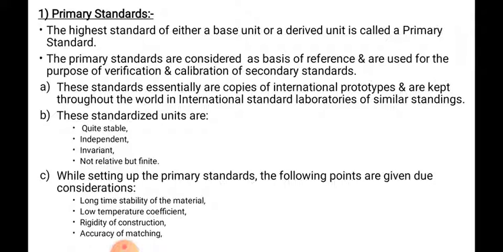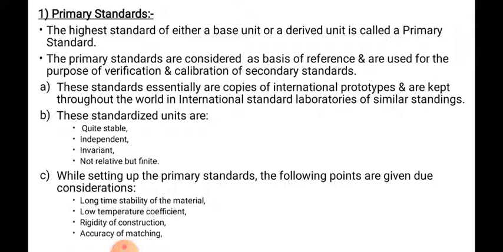Because platinum iridium alloy is very rigid against temperature, there will be no kind of deformation, no adverse effect of corrosion, and no wearing and tearing of the weights. Suppose we take the example of mild steel or cast iron.